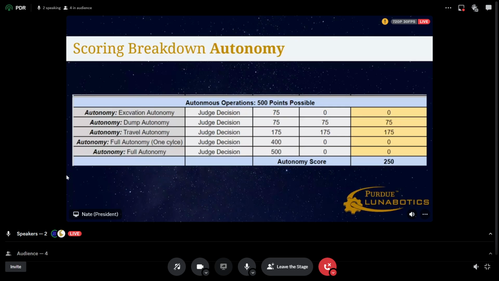Presumably you can go much faster with manual control, but that might be something we should look into at CDR. Yeah, that's a very good point, yes. But obviously this is going to be dependent on a lot of testing next semester on how well we can get autonomy to work.